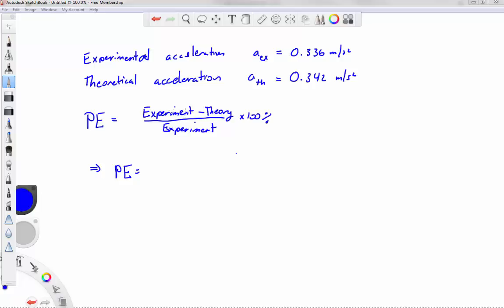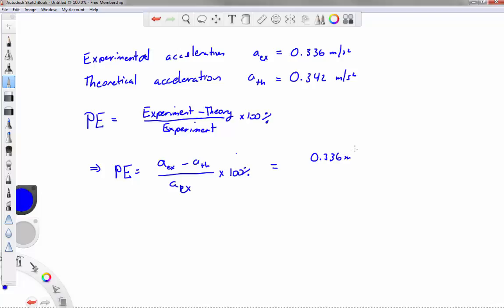So our percent error, being experiment minus theory over experiment times 100%, becomes AEX minus ATH divided by AEX times 100%. So now I plug some numbers in. 0.336 meters per second squared minus 0.342 meters per second squared divided by 0.336 meters per second squared times 100%.